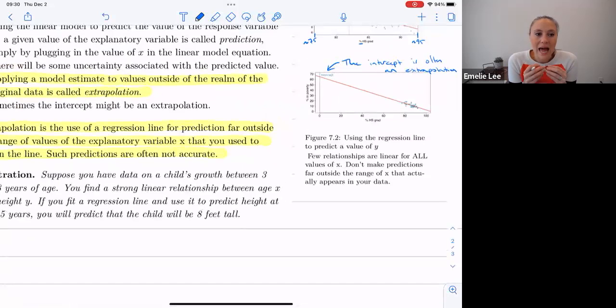Sometimes we'll have the advantage of knowing something about the data, right? Knowing that it would continue to be linear, or knowing that it would plateau.